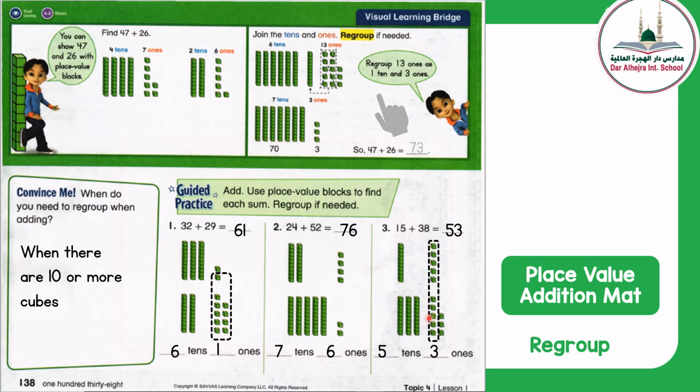So 13 is greater than 10. That means we need to regroup them. I'll take 5 from here and 5 from here, and we can regroup them into a single 10. We will end up having 1, 2, 3, 4 and 5 tens. So instead of writing 4 tens, we'll be writing 5 tens here and 3 ones here. That means my total is 53.